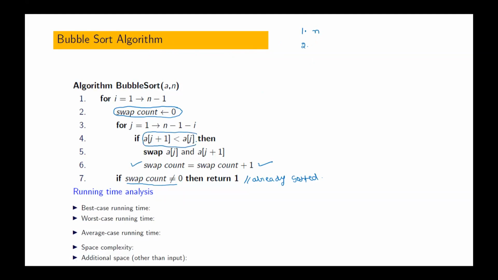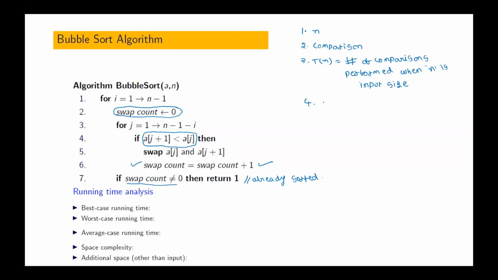What is the most important operation? Comparison. This is also comparison. Now you tell me, let T of n be the number of comparisons performed, when n is the input size.